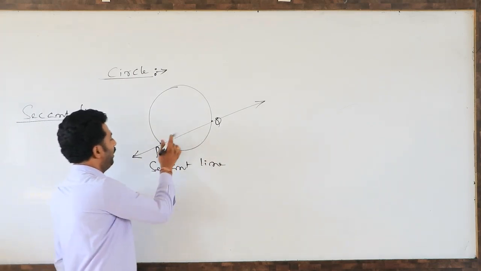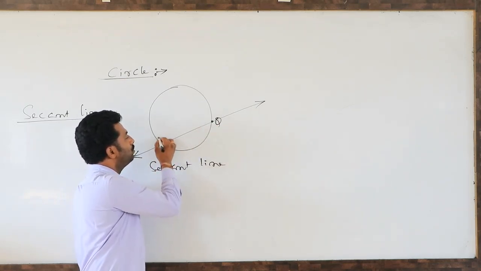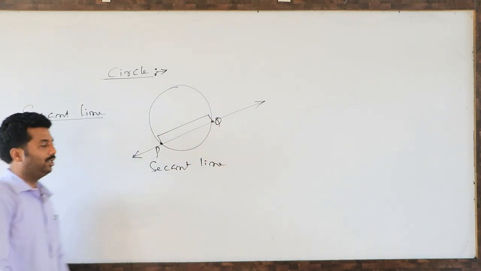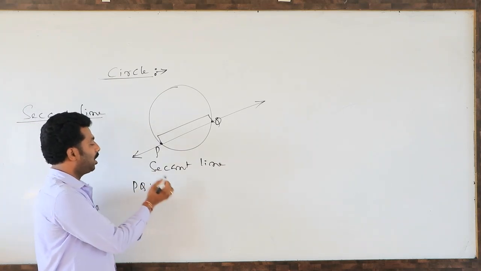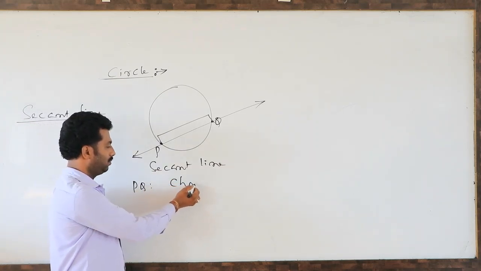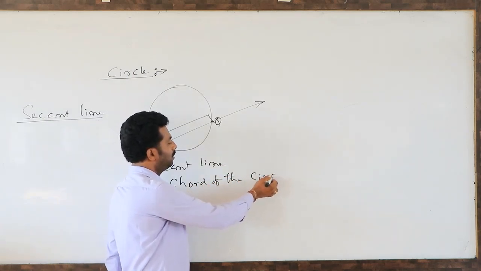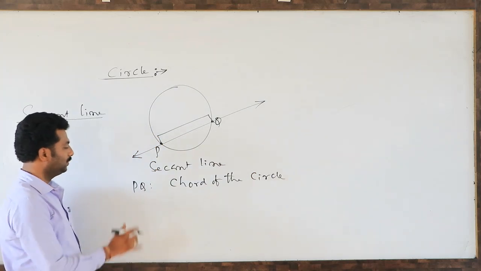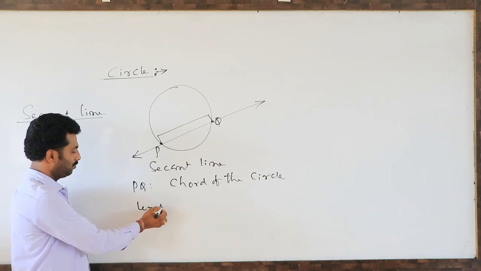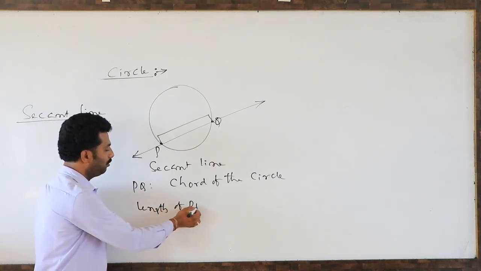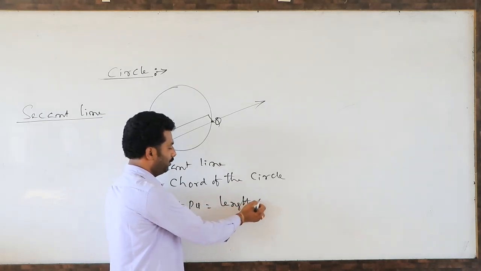So in this secant line, one line segment is there from P to Q. So this part PQ, this length PQ, is called a chord of the circle. Length of PQ is called the length of the chord.